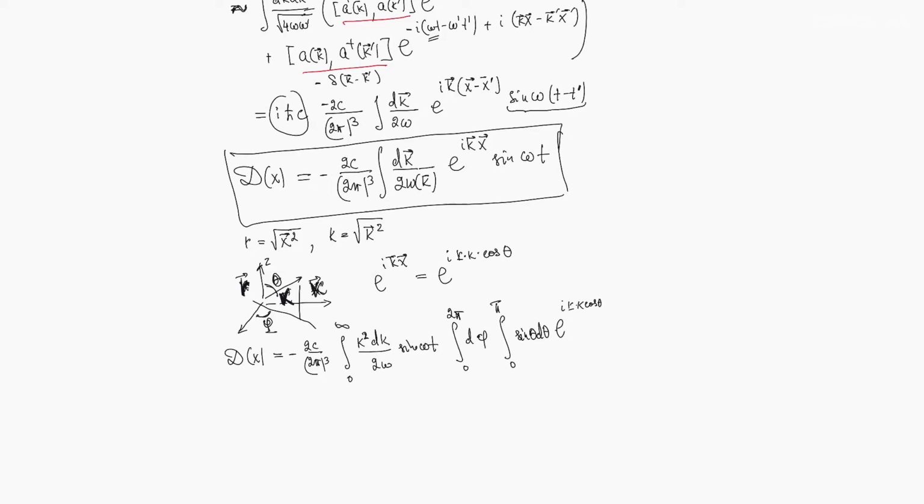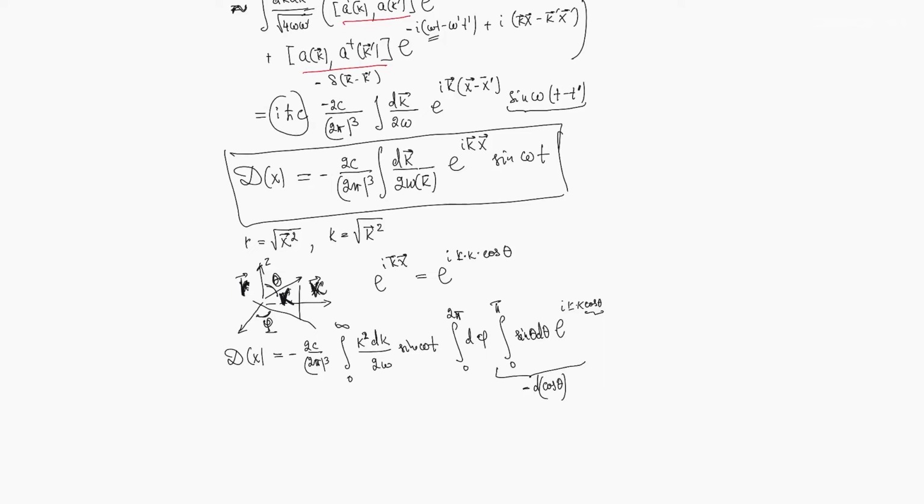Okay, that's what we have. And this integral can be computed elementarily. You see that the measure sine theta d theta is minus d of cosine theta, and cosine theta is what you have in this exponential. So that can be integrated elementarily, and then the integral over d phi is also elementary.